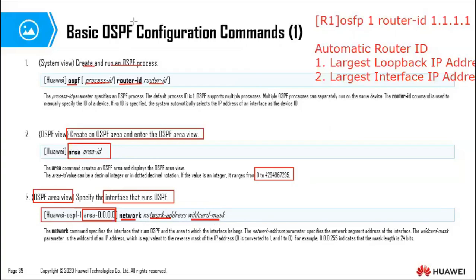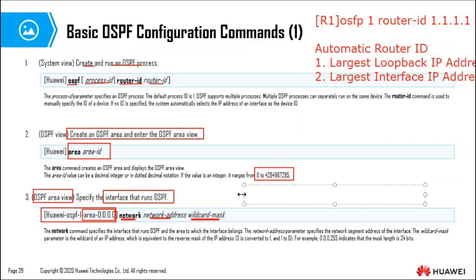The wildcard mask is the reverse or the inverse of the normal mask. So if the mask has 24 ones and 8 zeros, you change the ones to zeros and you change the zeros to ones. That's what we call the wildcard mask.